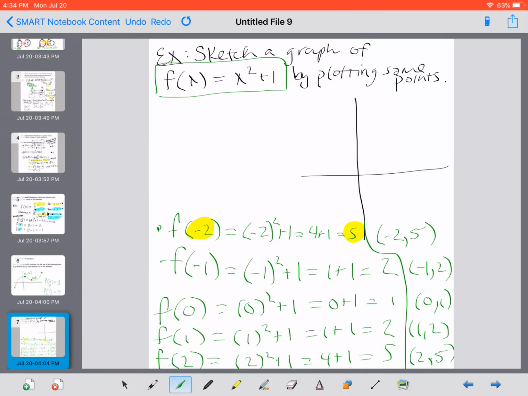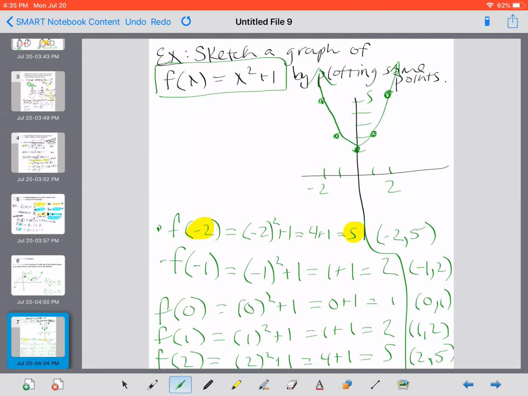If I plot all those points, I'm going to get something like this. I get a point at negative 2, 5, at negative 1, 2, 0, 1, 1, 2, 2, 5. And so this graph ends up looking something like this, roughly.